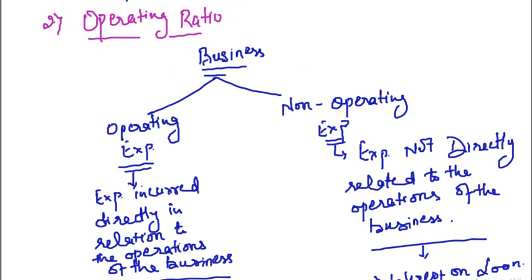Now coming back to the operating ratio, the name itself suggests that we have to consider only the operating expenses. So under operating ratio, let us find out the various elements, the financial factors between which we are going to make the relationship.